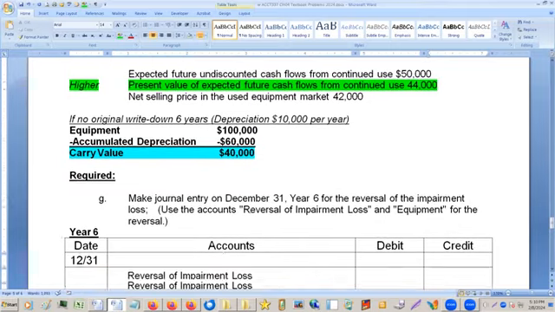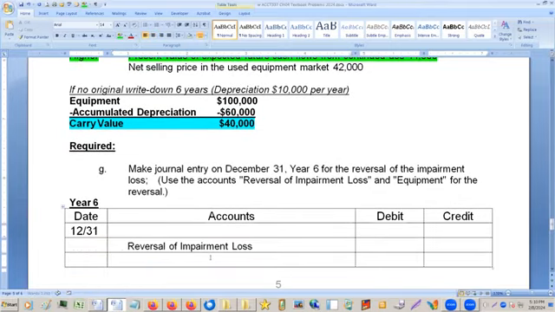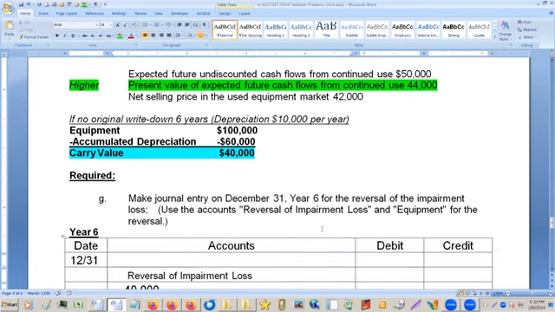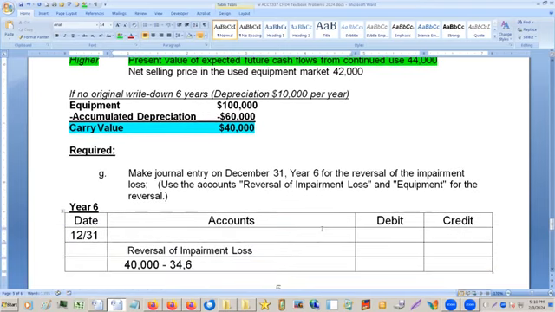Let's see, 40,000 minus 34,666 is 5,334.